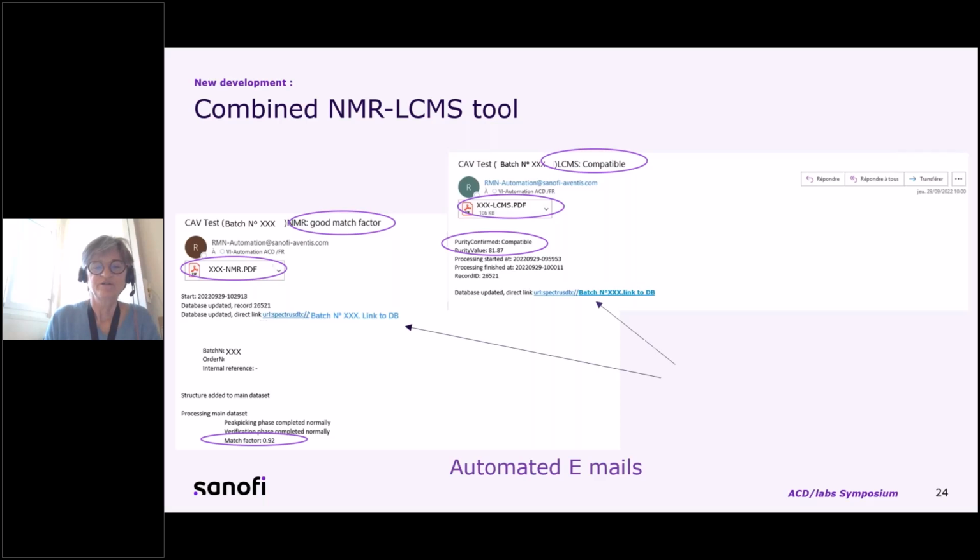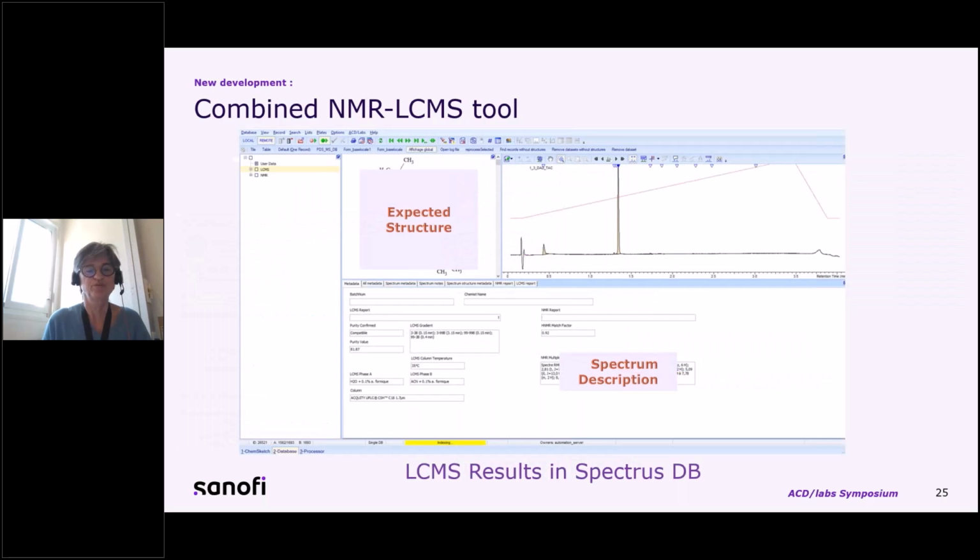And you also have a direct link to the analytical data and results which are stored in this new database. So if you click on this link, you open directly the database on your sample.